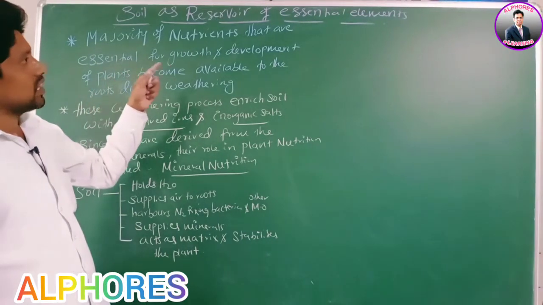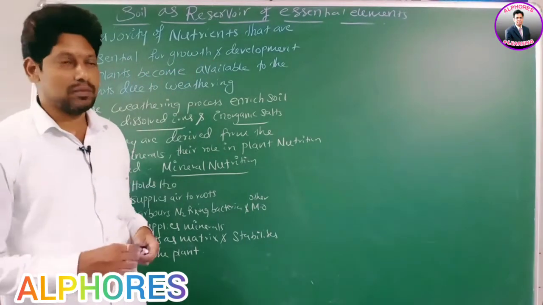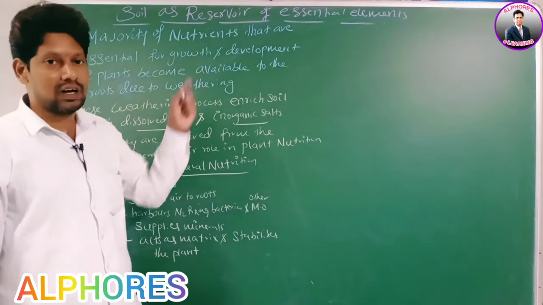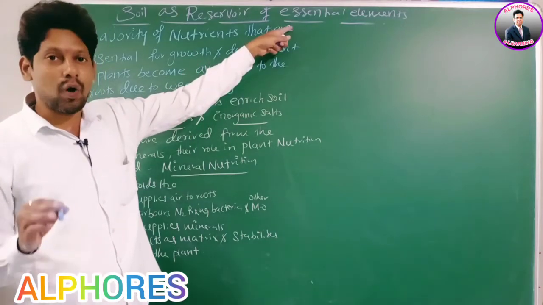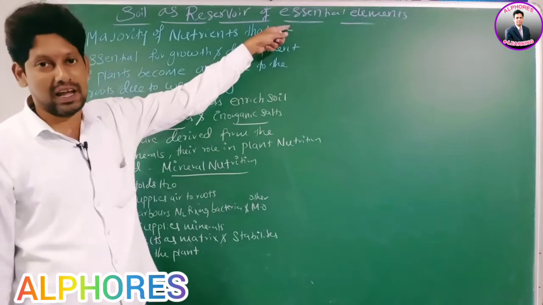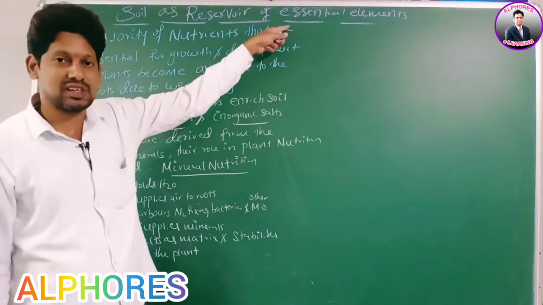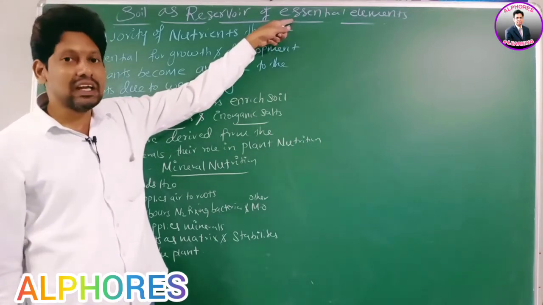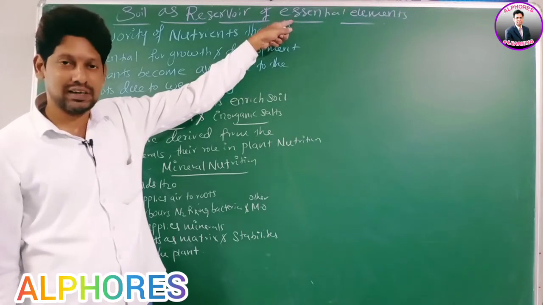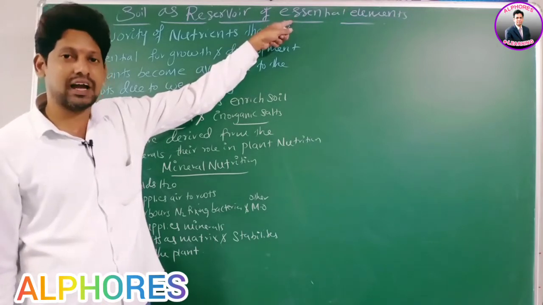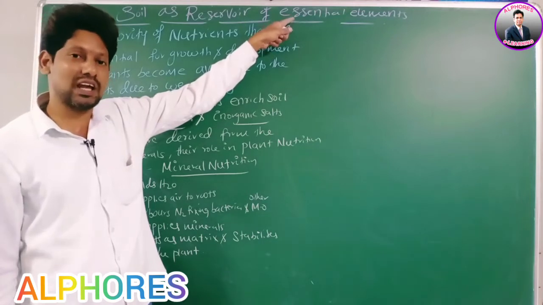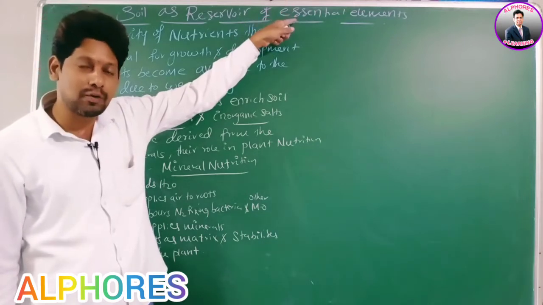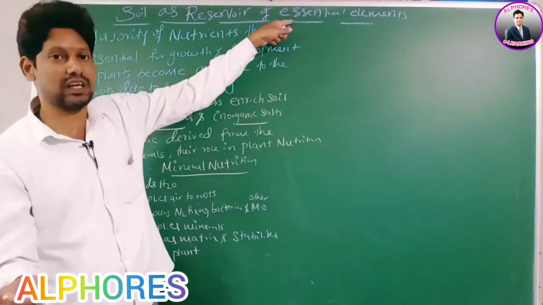Soil as reservoir of essential elements. Sir, essential elements are required for growth and development of the plant. Yes or no? What in number? 17. Of these 17 essential elements, except carbon, hydrogen and oxygen, the remaining 14 essential elements are absorbed by the plant from the soil.